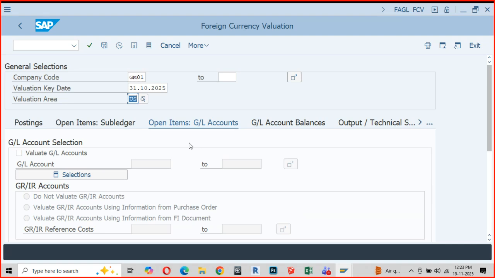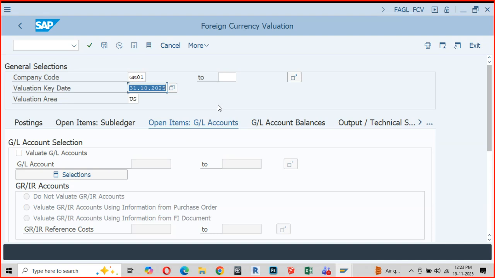Okay. So like this, whatever foreign currency valuation we do, you give the requisite input and you execute. When do you want to actually evaluate your profit or loss by the foreign currency valuation? It is this date.